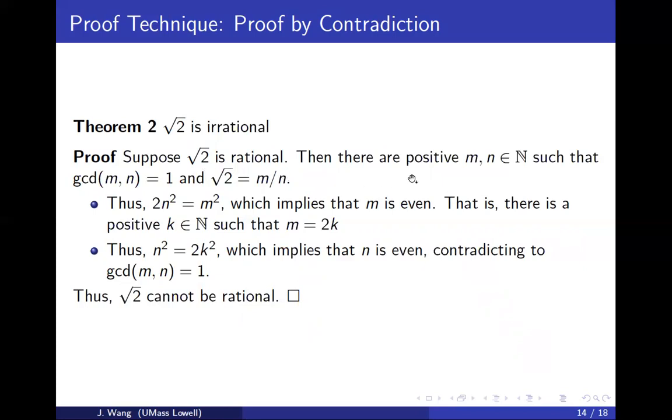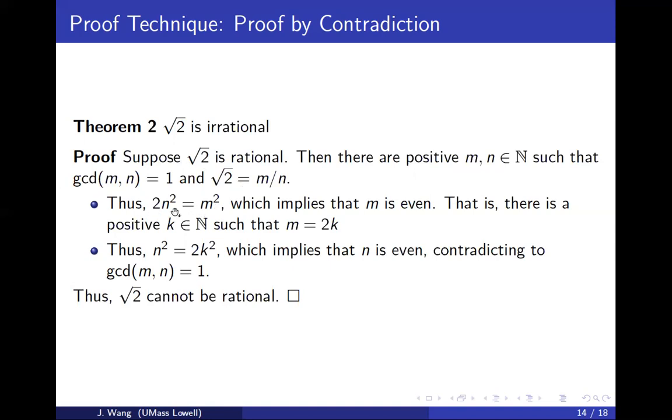That means there are positive integers m and n such that GCD of m and n is 1, which means that m and n do not have a common divisor greater than 1. If they have, we just reduce them, remove the factor. So for this m and n, we have square root of 2 is equal to m over n. This is from this assumption.